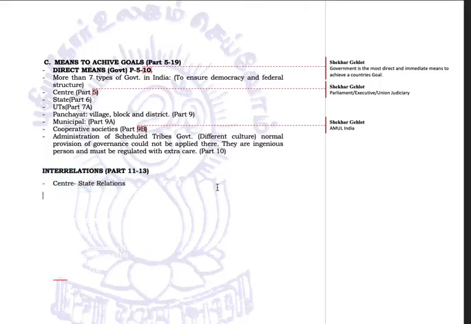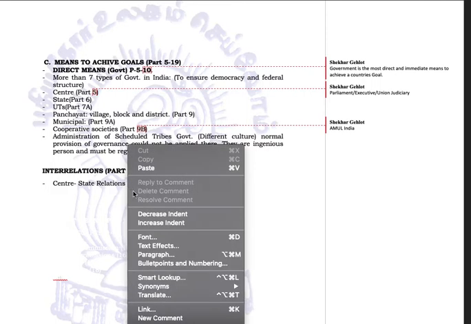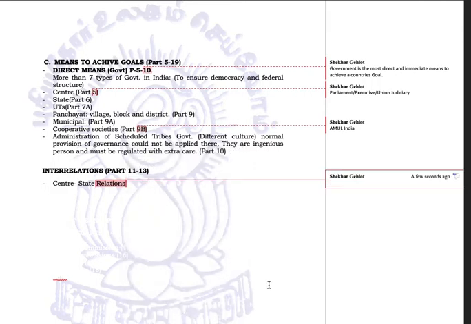Then we have interrelations, part 11 to 13. Part 5 to 19 we are discussing. 5 to 10 are 7 types of government. Then part 11 to 13 is center-state relations, which is very detailed, and the details are not relevant for our syllabus right now, but a brief understanding is needed, because center and state may have differences. Central government has its own property and lawmaking power, and state government has its own property and lawmaking power.